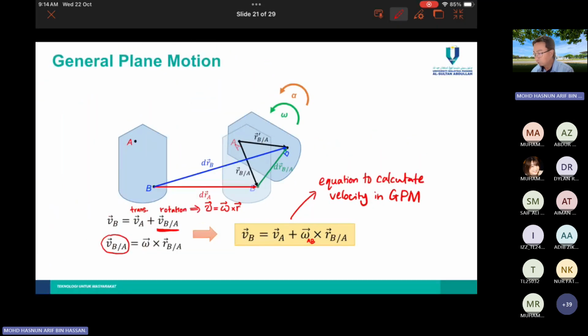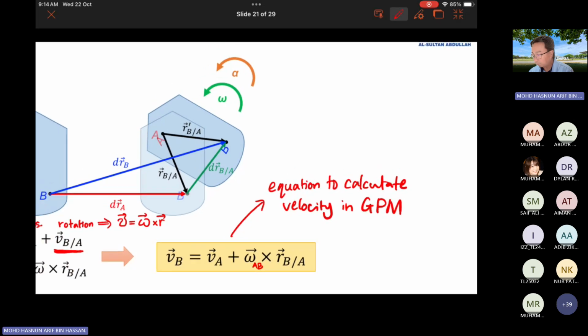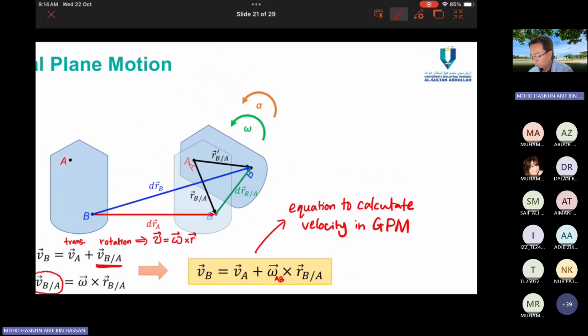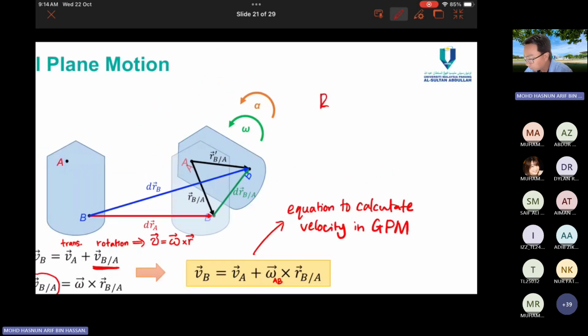So what is the difference here? The difference is that for rotation, we calculate v. Let's take vA, for example: vA is equal to omega OA cross product rA/O. All these are vectors.